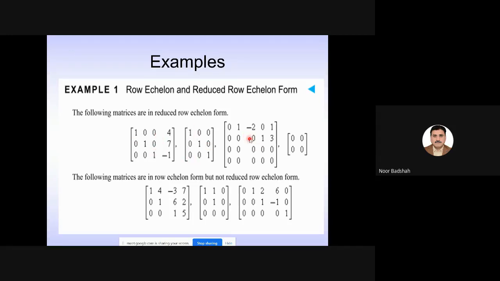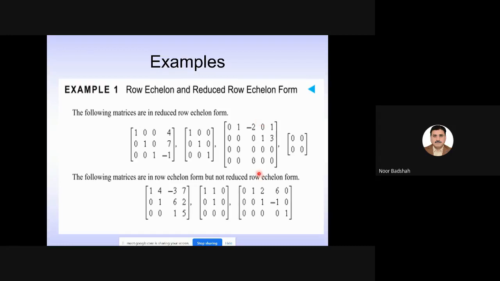Again here as well, we are having 2 zero rows which are at the bottom. This is the pivot which is 1. This is the pivot which is 1. Right. This pivot lies to the right of this pivot. So the third condition is satisfied. This is the column containing a pivot. There is no non-zero entry other than the pivot. This is the column containing a pivot. There is no non-zero value in this column as well.